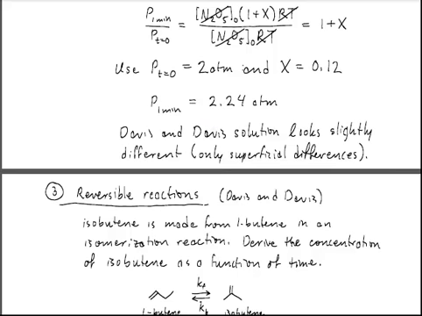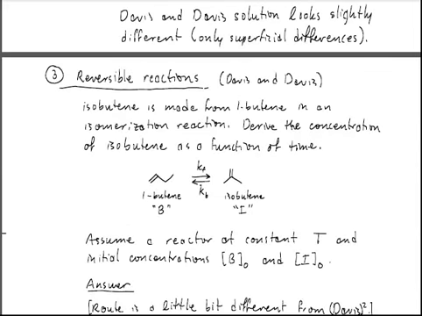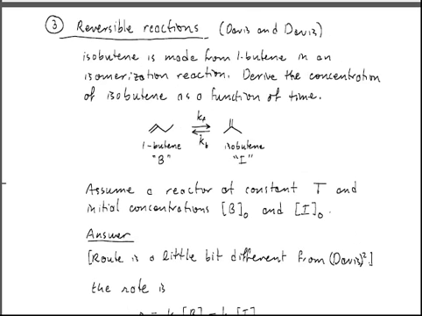Let's do another example from Davis and Davis, where we look at a reversible gas phase reaction. Okay, so in this case, we have isobutene being made from 1-butene in an isomerization reaction. So if we derive the concentration of isobutene as a function of time, that's what we're supposed to do. We start out on the left.